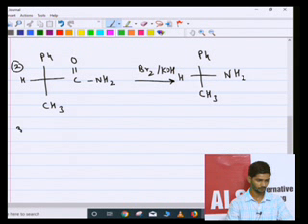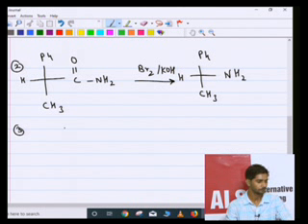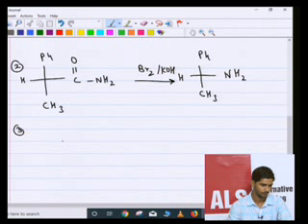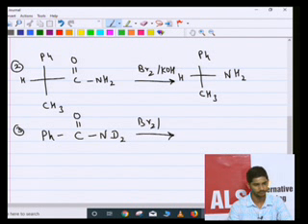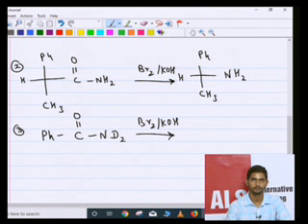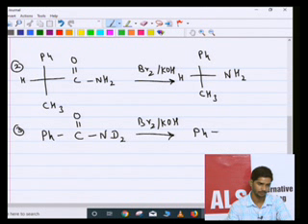Now, question number 3. In the question number 3, I guess this was Ph, CO, and D2, with Br2 and KOH. So the answer would be Ph and H2. Okay.